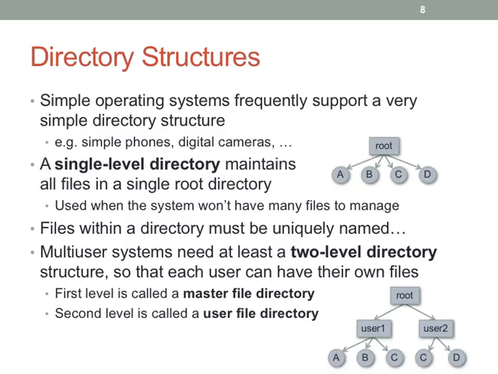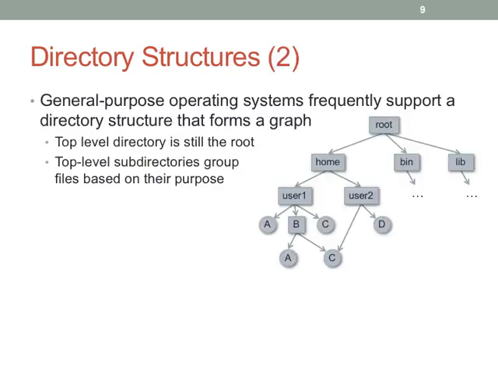We use much more sophisticated directory structures than these in real OSs. And so the way that most OSs work is that they'll actually maintain a graph of directories and files, where folders or directories are nodes that can have multiple things in them, and then files are leaves in these structures.